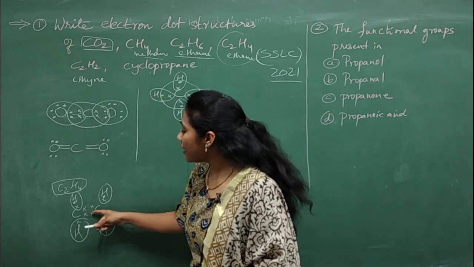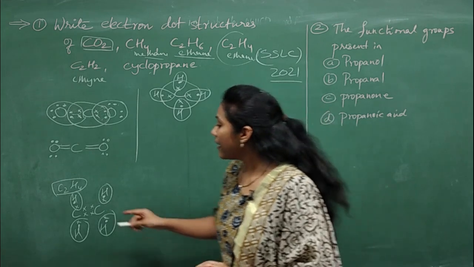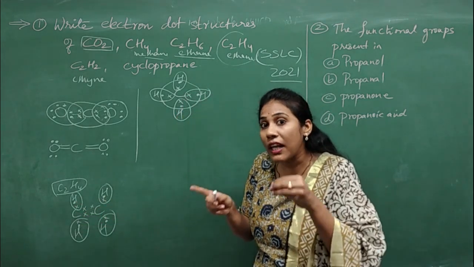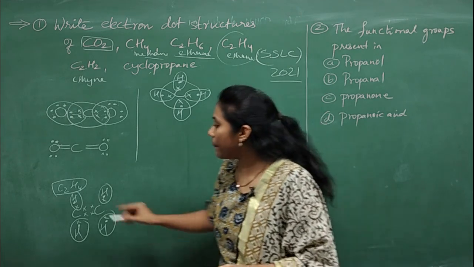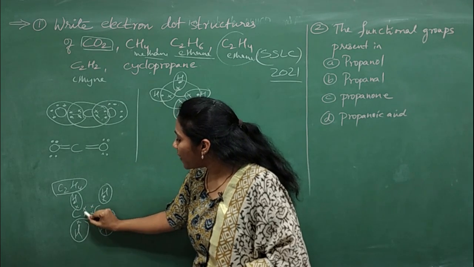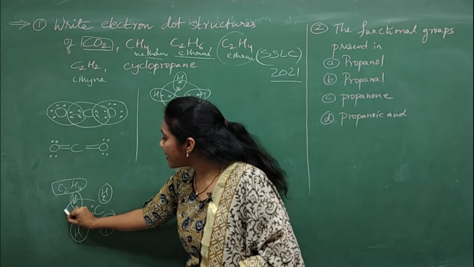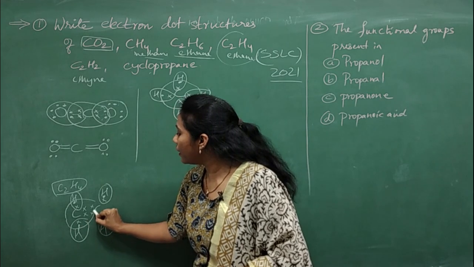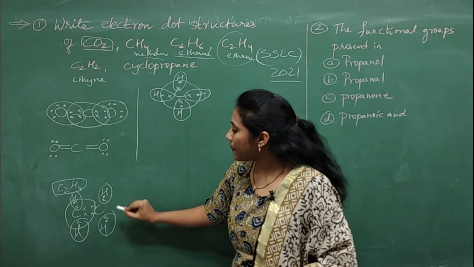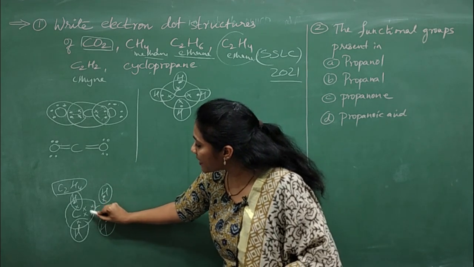Now you have to circle carbon atoms, isn't it? Say when you circle the carbon atom, how many electrons should come in that circle? 8 electrons should come. So which are the 8 electrons you will take? 1, 2, 3, 4, 5, 6, 7, 8. So all these electrons together, put a big circle and show it for this carbon. Now same way you have to show it for this carbon. 1, 2, 3, 4, 5, 6, 7, 8.